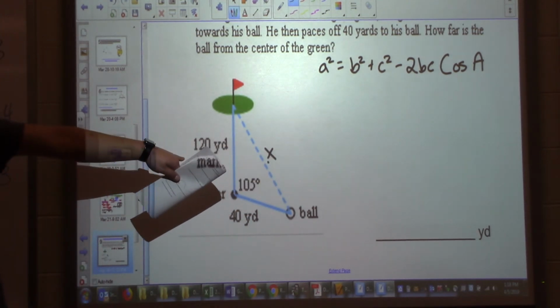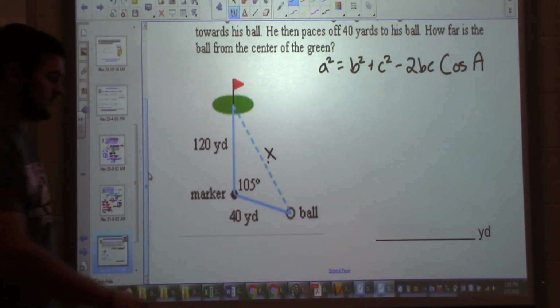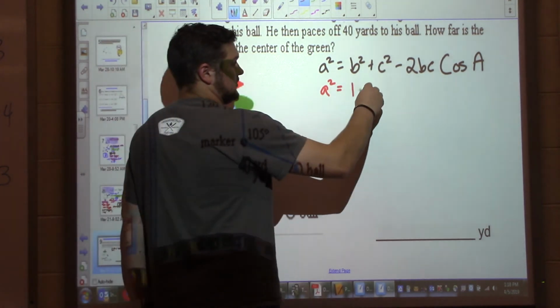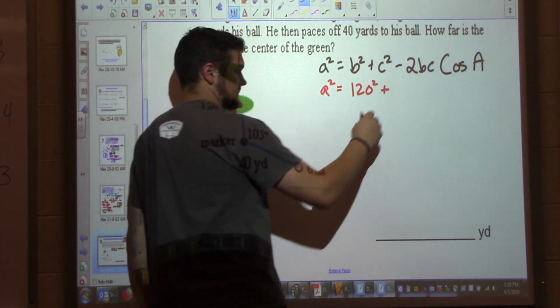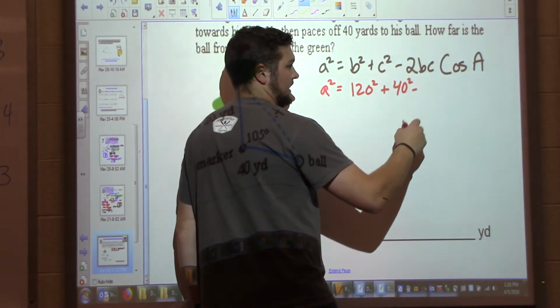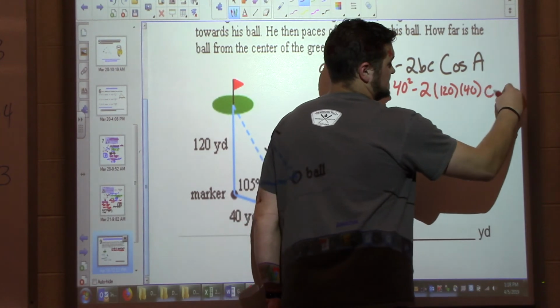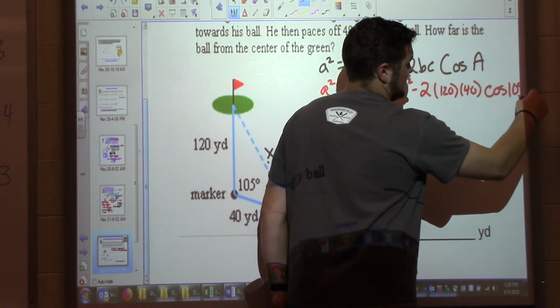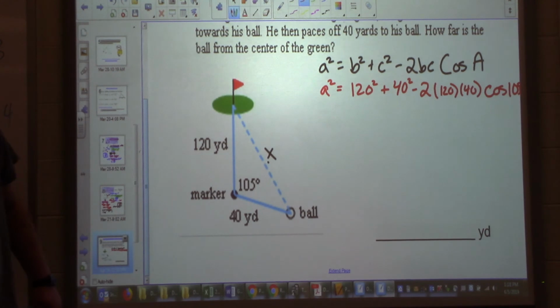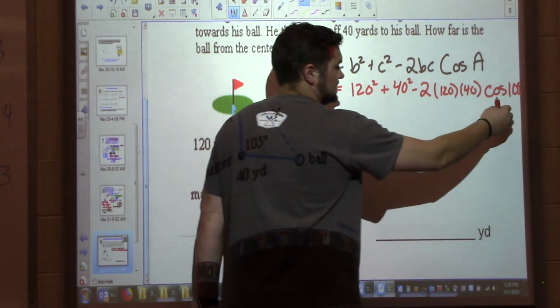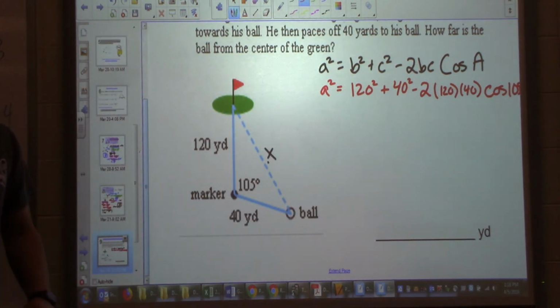A squared equals 120 squared plus 40 squared minus 2 times 120 times 40 times the cosine of 105. Take your two sides, plug them in for b and c. Take the cosine of your angle, and then punch it into your calculator.